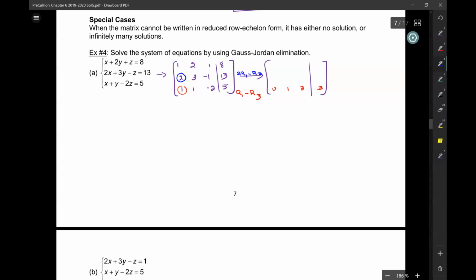2 minus 2, 0. 4 minus 3, 1. 2 plus 1, 3. And then here, 16 minus 13, 3.